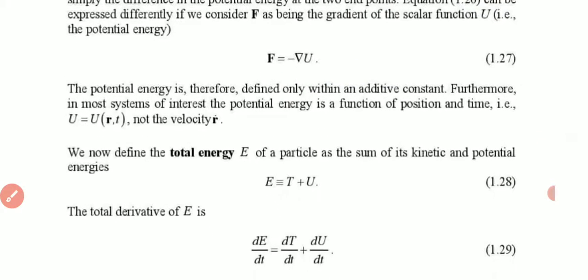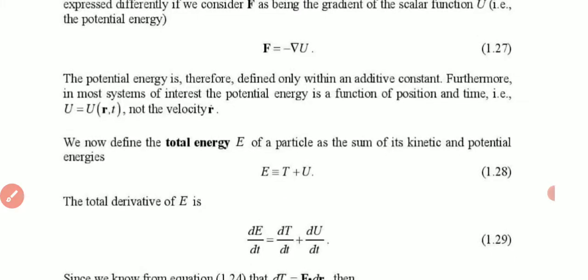The potential energy is therefore defined only within an additive constant. Furthermore, in most systems of interest, the potential energy is a function of position and time. That means U equals U(r, t), where r is the position vector and t is time. Note the velocity r dot.